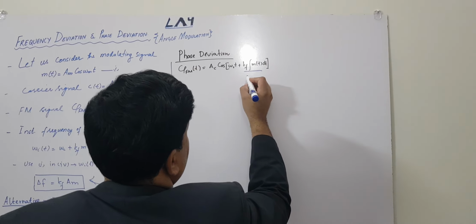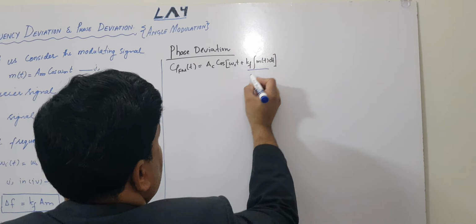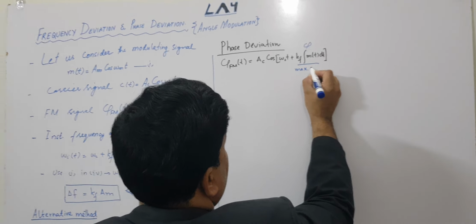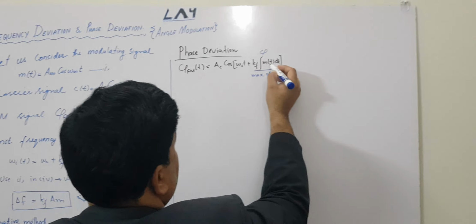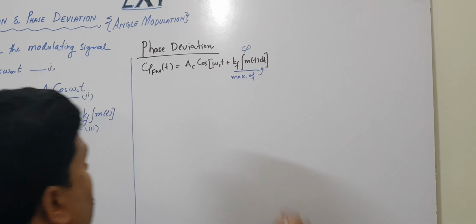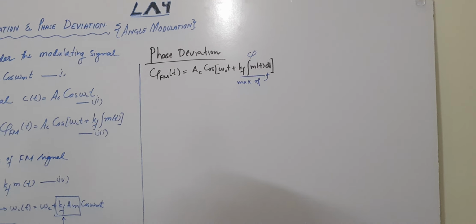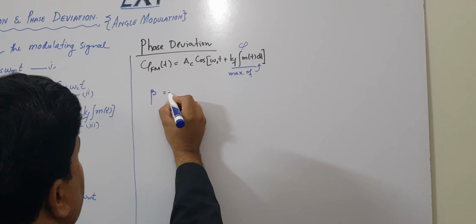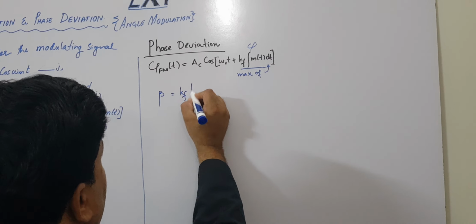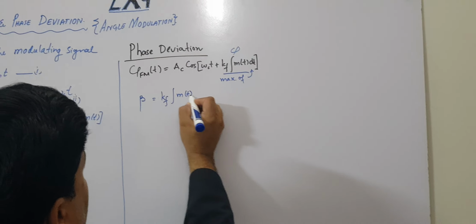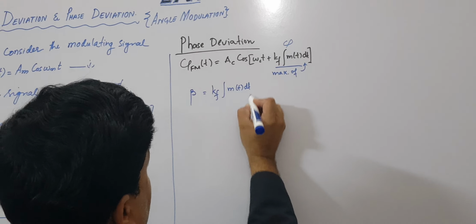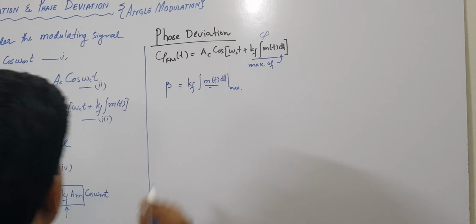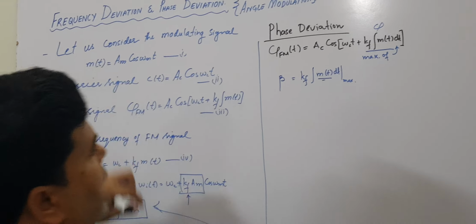This is basically the phase. So it means the maximum of that one will give you the phase deviation. You can denote phase deviation with beta. So that is, and we know that m(t) is equal to Am cos ωm t.